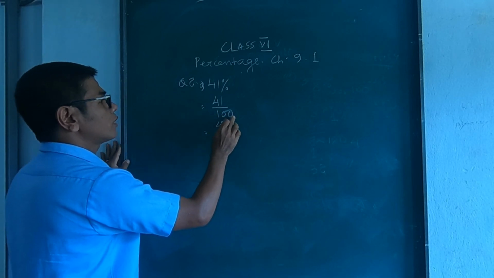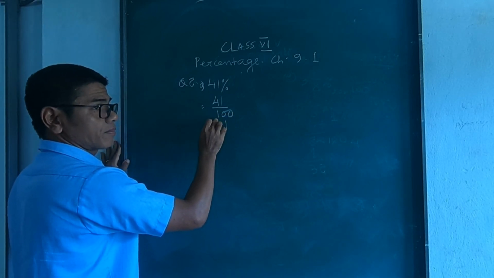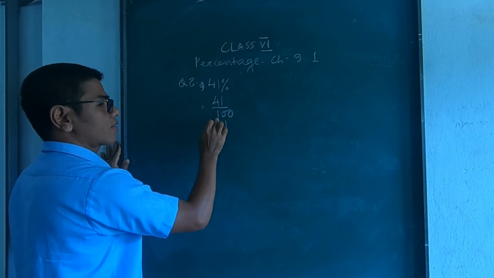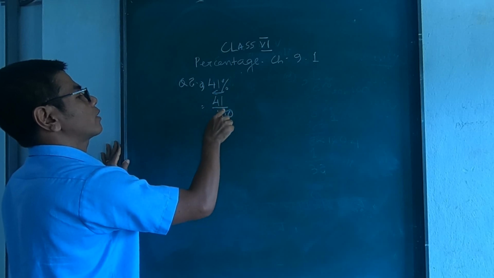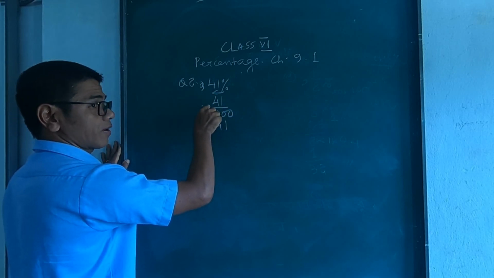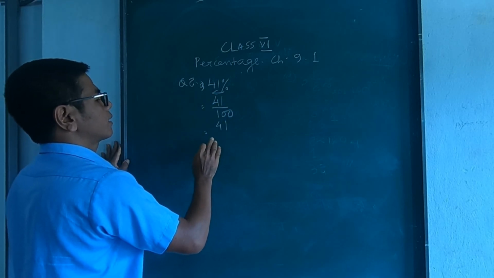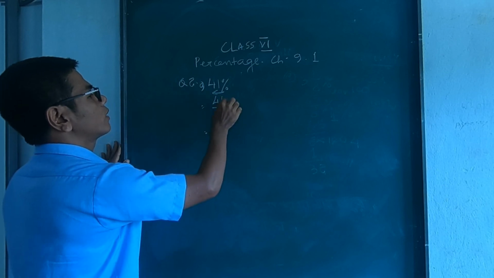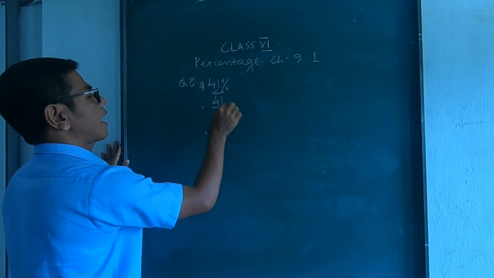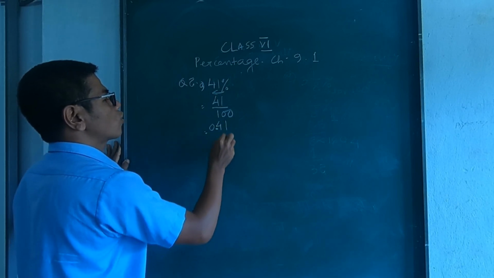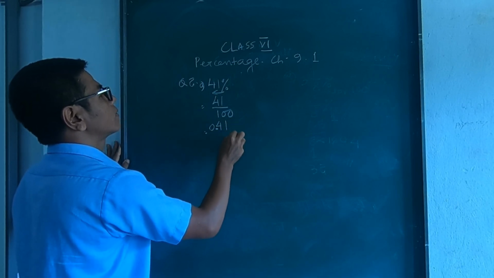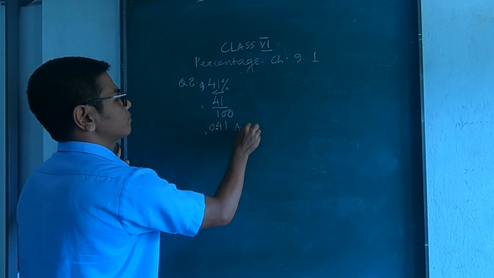Okay? See now, unit, 10, 100. Unit, 10, 100. So now, when you move, for the numerator unit, 10, 100, we get what? The 100 place will be the decimal. So you can write 0.41 as the decimal.